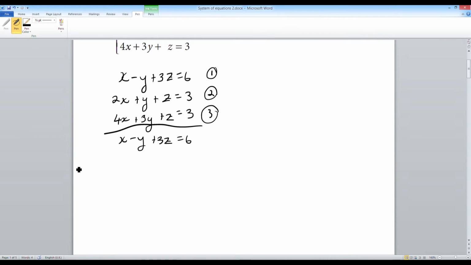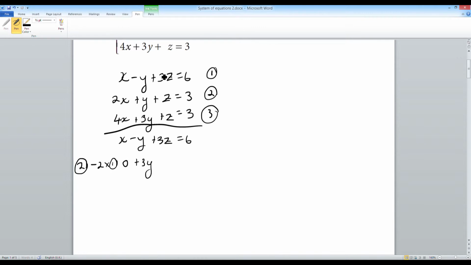I am going to take row 2, my second row, and subtract twice row 1. So minus 2 times row 1. So 2x minus 2x gives me a 0 here. Y minus negative 2 times negative y is going to be plus, so it's y plus 2y, and this gives me 3y.